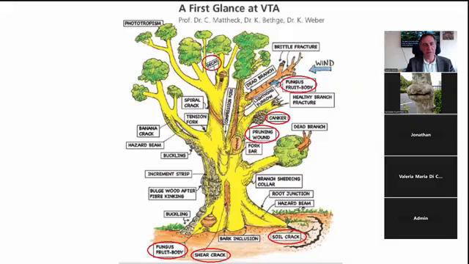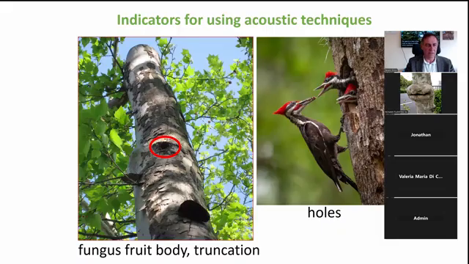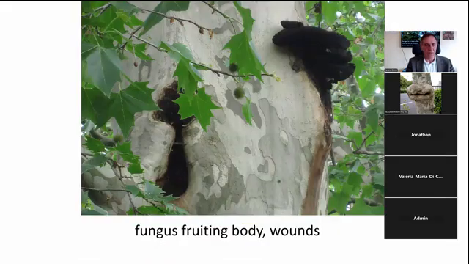The visual tree assessment explains the visual indicators of possible defects in the tree trunk and heavy branches. Just a few of them: fungus fruiting bodies on the trunk, holes, birds' holes, other fruiting bodies, wounds.